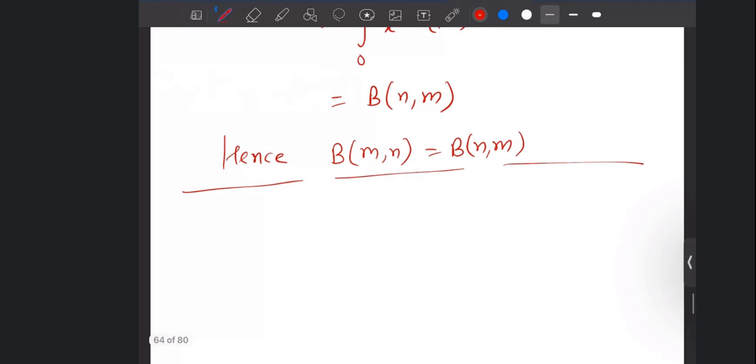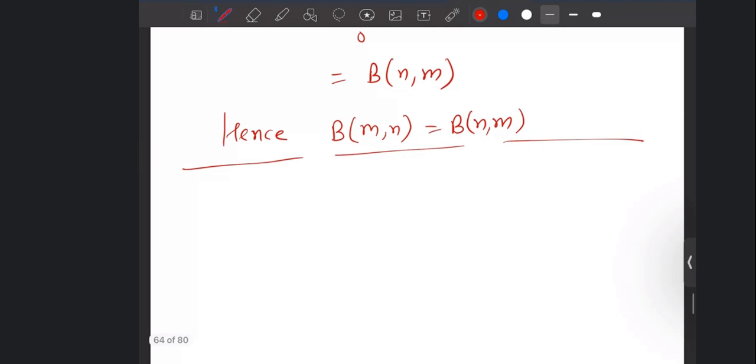Now we would like to define an important relation between the beta and gamma functions. Using that relation, some integrals which are very difficult to evaluate can be evaluated easily.